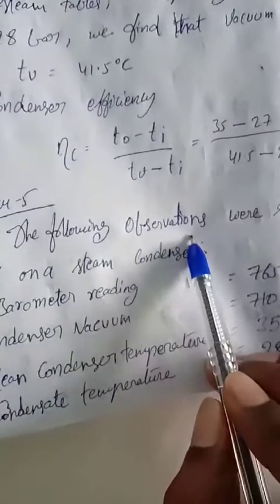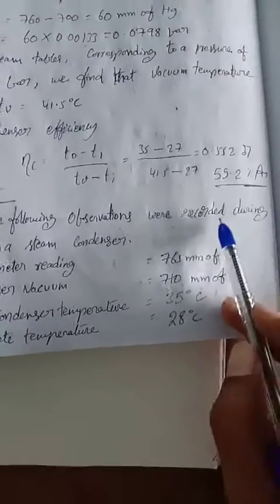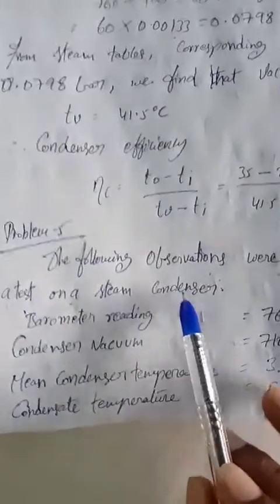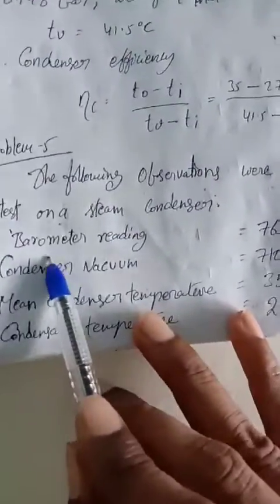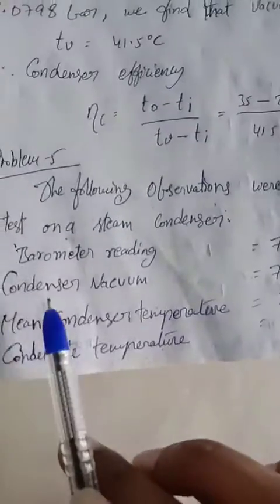The following observations were recorded during a test on a steam condenser. First one is barometer reading, equal to 765 mm of Hg.